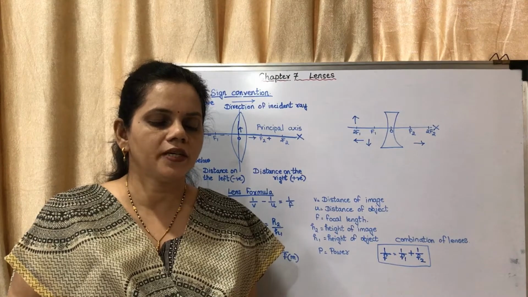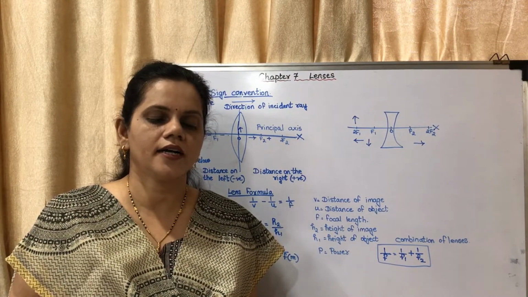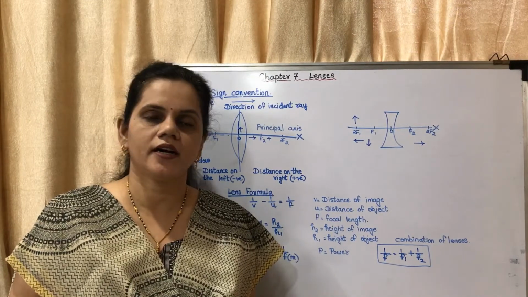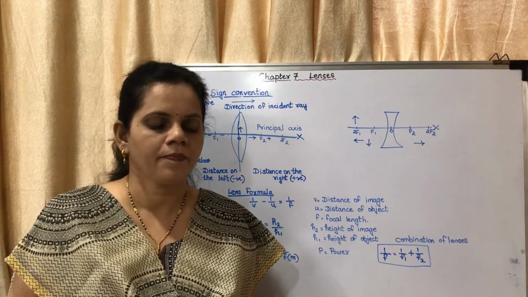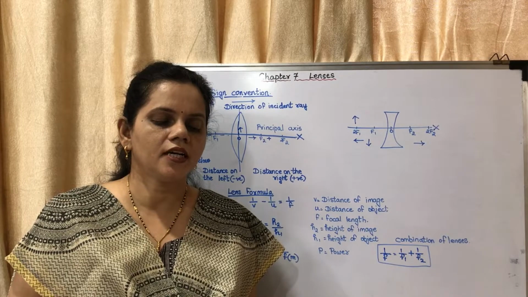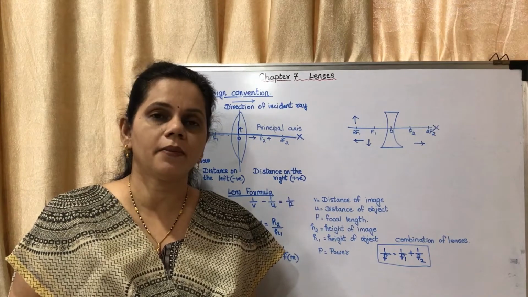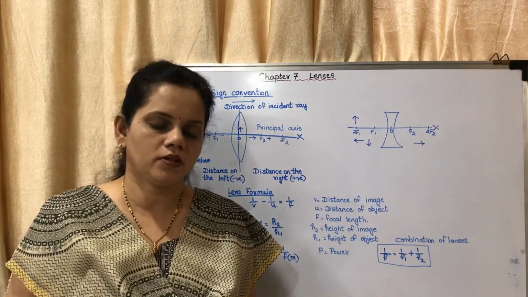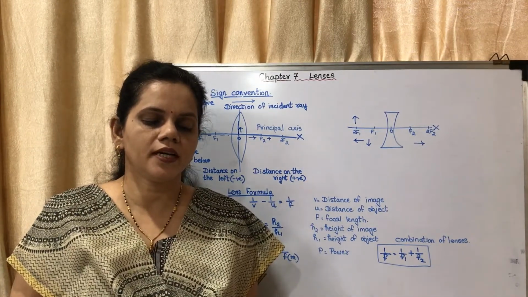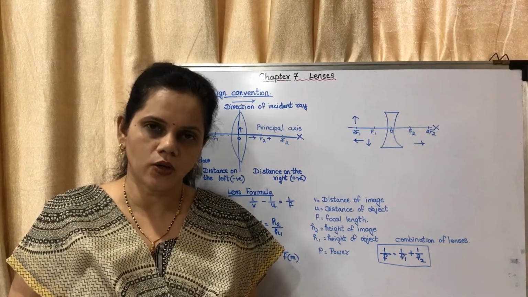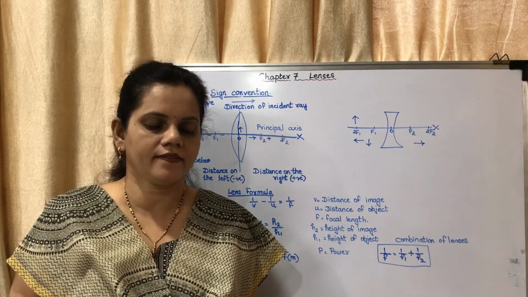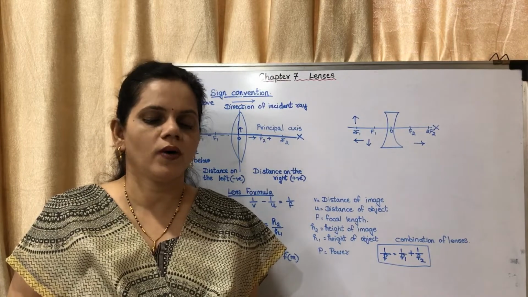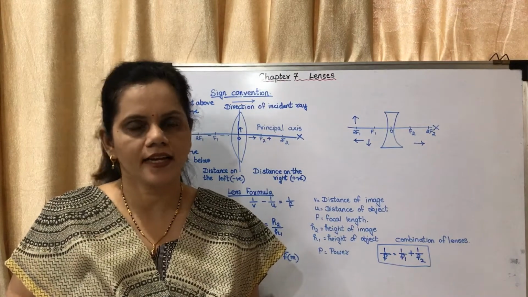The distances measured to the right of O are taken to be positive, while those measured to the left are taken to be negative. Distances perpendicular to the principal axis and above, that means upwards, are taken to be positive. Distances perpendicular to the principal axis and below are taken to be negative. The focal length of a convex lens is positive, while that of concave lens is negative.